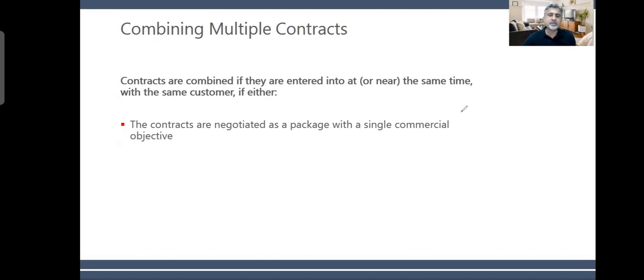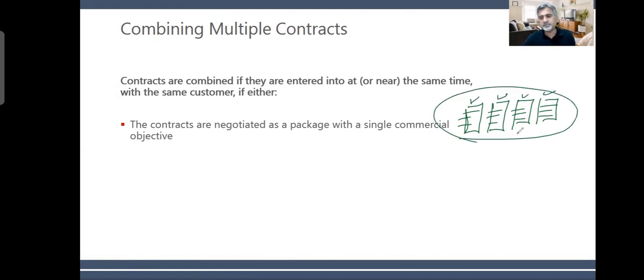For example, you agreed with someone to make a residential site that includes, say, 4 building blocks. It is possible that you make separate contracts for all of them, and it is possible that you combine all of them together, because it is a single commercial objective: construction of this residential site.